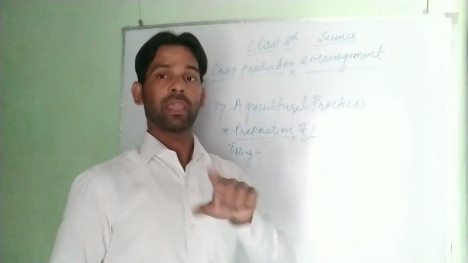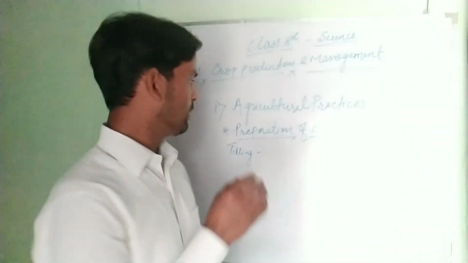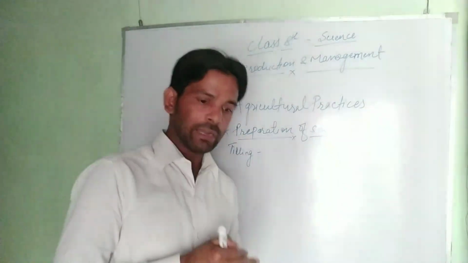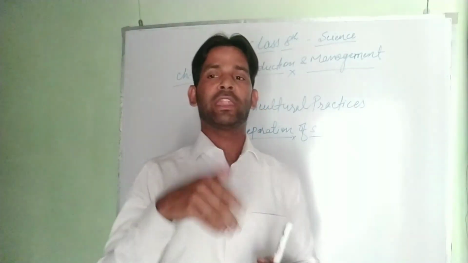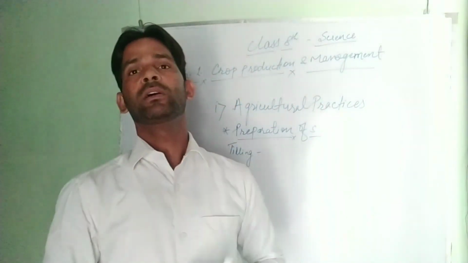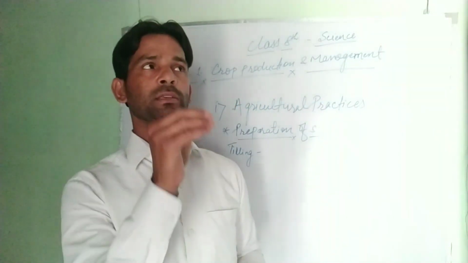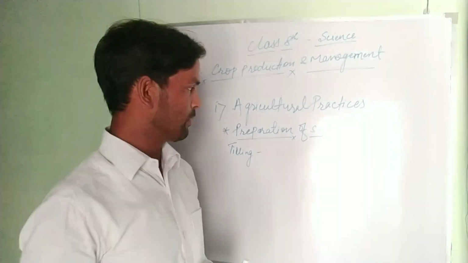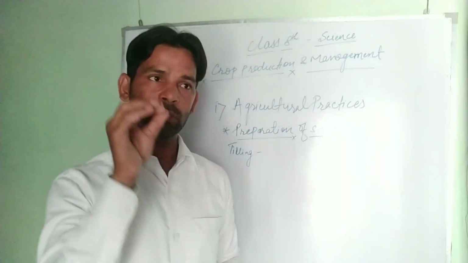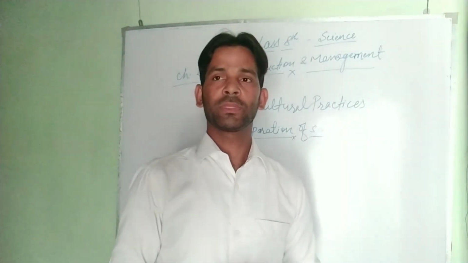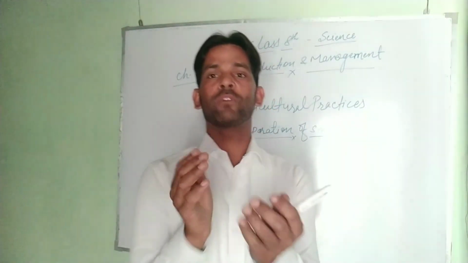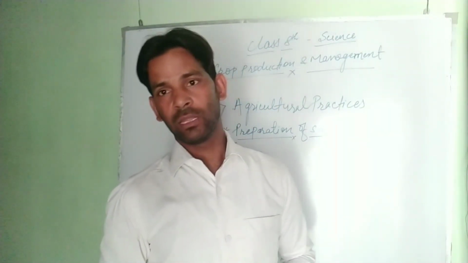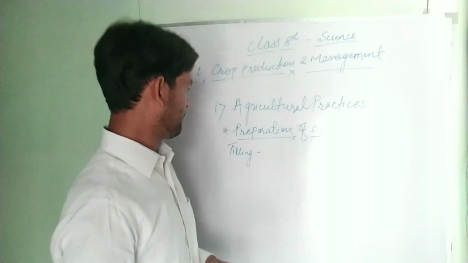Why? Because it cannot produce a lot of grains. So for the production of enough grains, fertilizers and manure may be supplied. If fertilizer and manure are not included, the production of crops will not be sufficient for our daily needs.